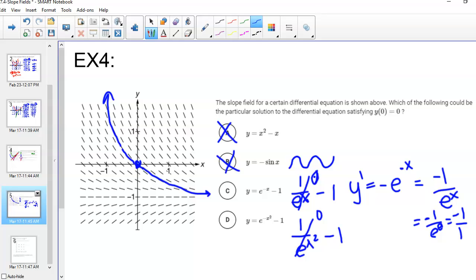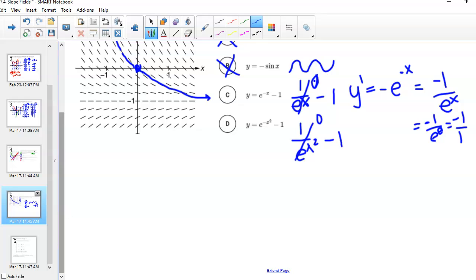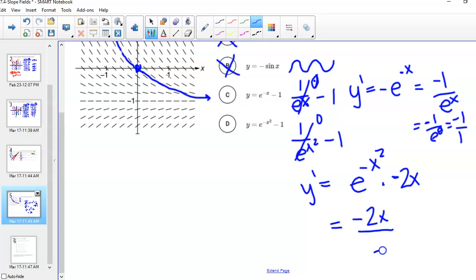So if we take the derivative for D here, y prime would be e to the negative x squared, but then we would have to multiply this by the derivative of negative x squared, which would be -2x. And so if we rewrite this, that would be -2x over e to the x squared.